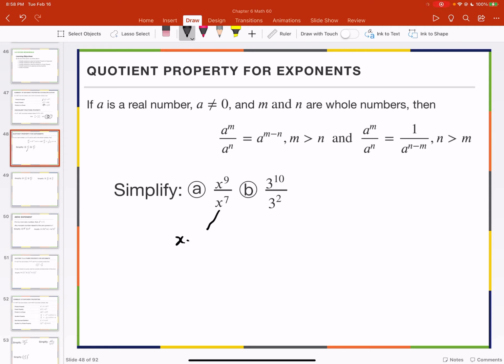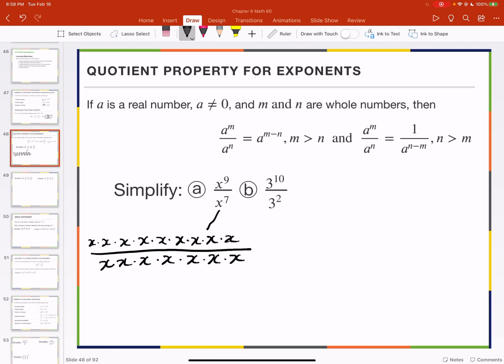So if you have x to the 9th, what that actually means is that you have 9 x's, over 7 of them. 1, 2, 3, 4, 5, 6, 7.